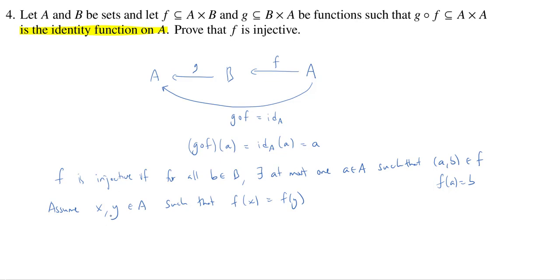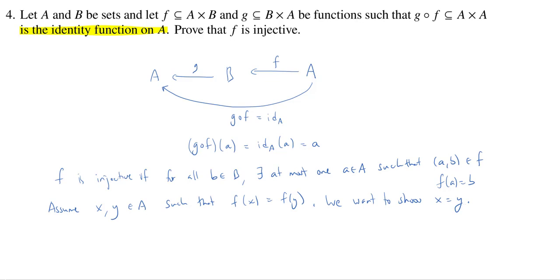We have two elements in A, and we're assuming that they're mapped to the same point. F of X equals F of Y. What we need to show is that actually there was no collision at all, that X is equal to Y. So we want to show X equals Y. Okay, so we'll have no collisions.